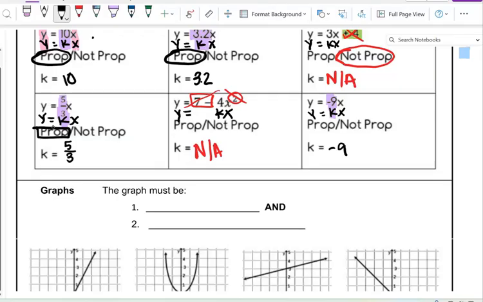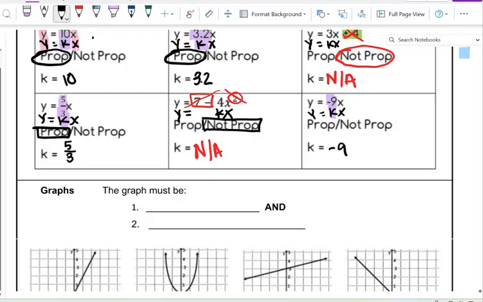The second one is y equals 7 minus 4x squared. That has way too many pieces. We have this 7 in there, we have this exponent in there, and we can't have that according to our equation. So therefore, this is not proportional. So we put NA for our k.